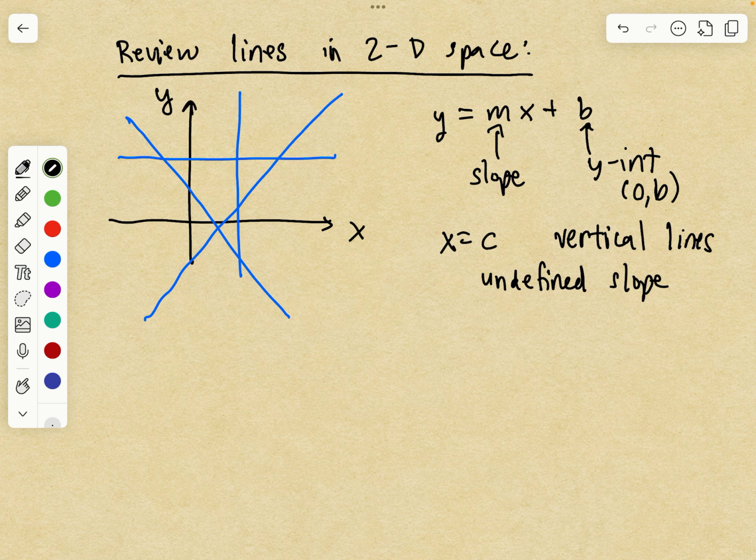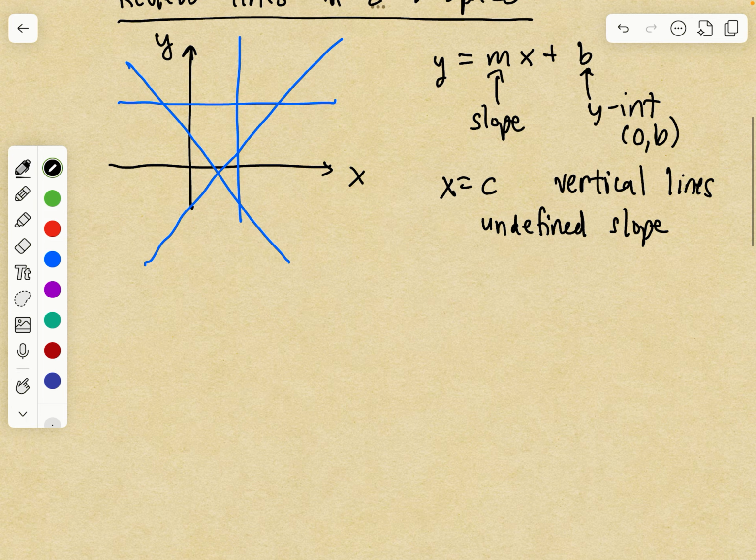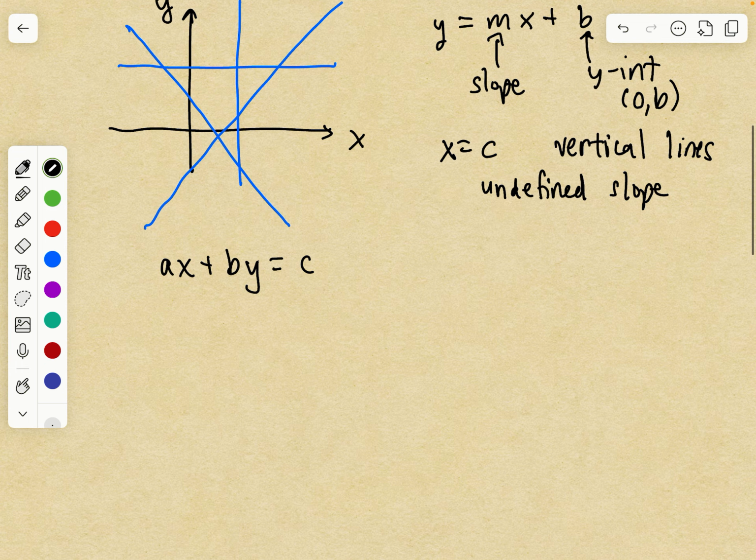The way to combine these two equations of lines into one general form is to use the form ax plus by equals c. So if you have a line with a slope, of the form y equals mx plus b, and you subtract mx, you get negative mx plus y equals b.